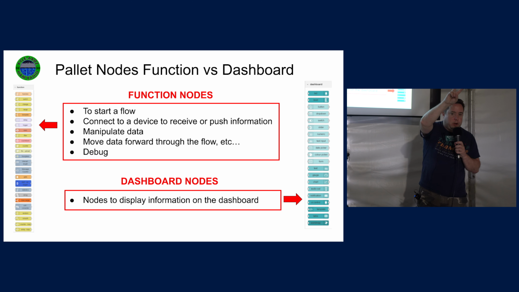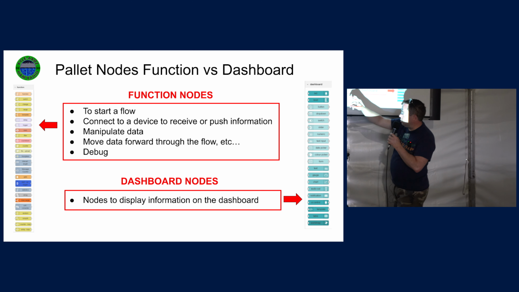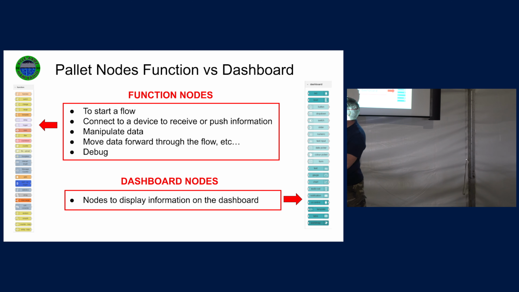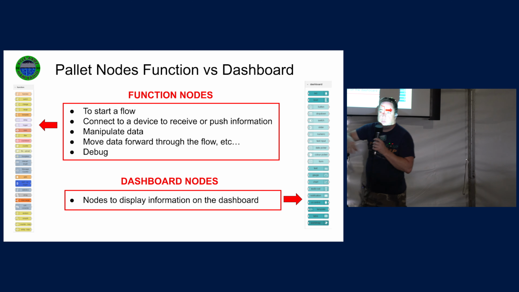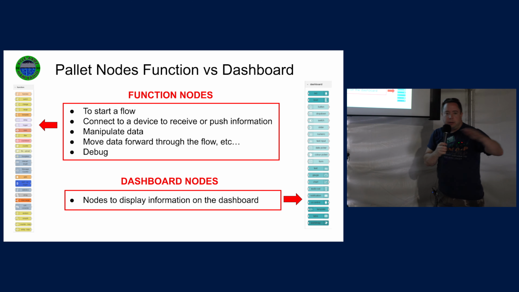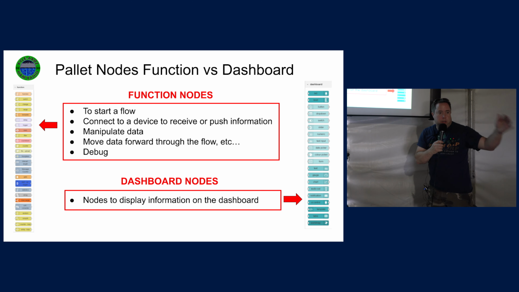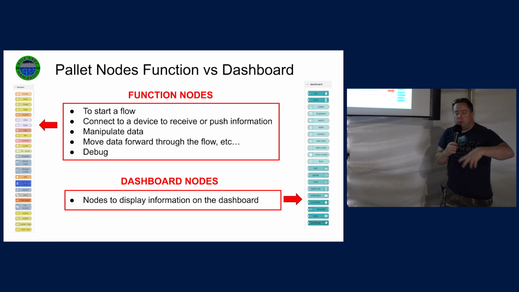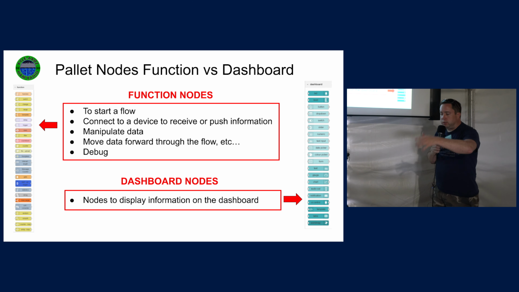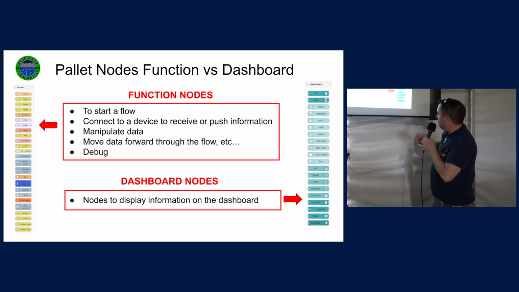Two types of nodes that you need to be aware of. Function nodes. These are all of the nodes that do some work to get some data, to move data along, to pull your Kenwood, to pull your ICOM radio, right? These are the nodes that actually work for you.